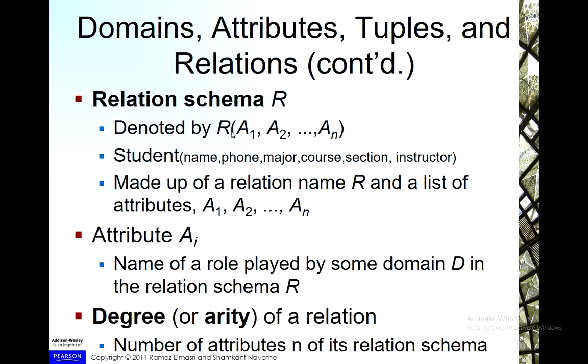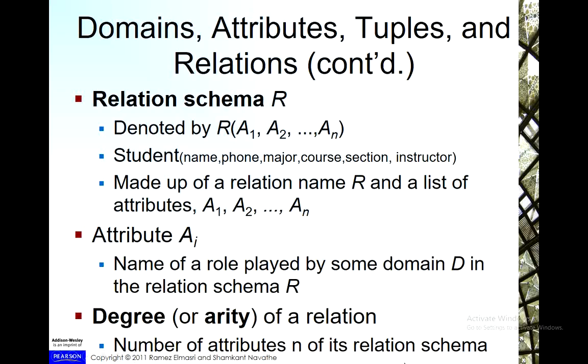It is denoted by R(A1, A2, A3, and so forth), such that R is a relation name, and A1, A2, A3 are the attributes that make up this relation.